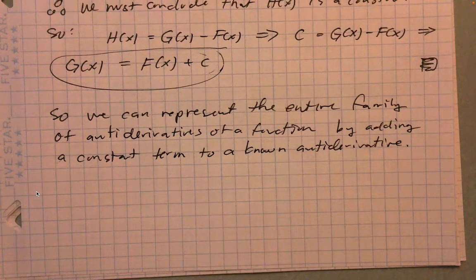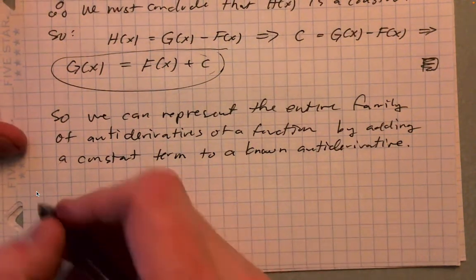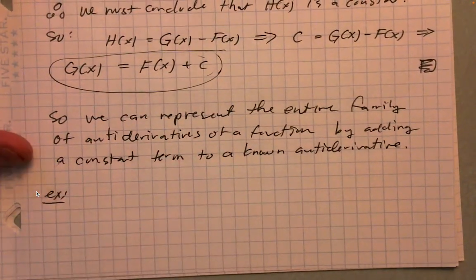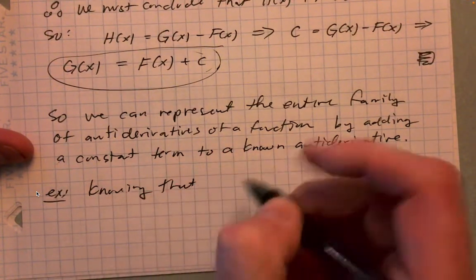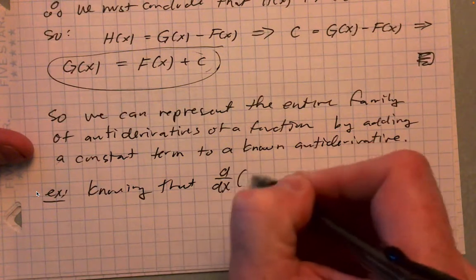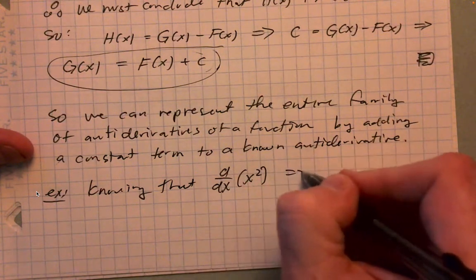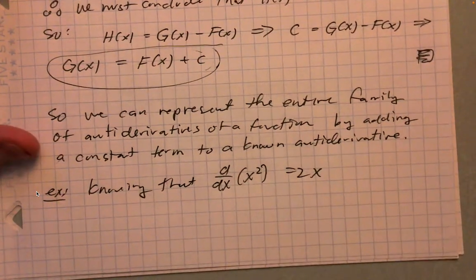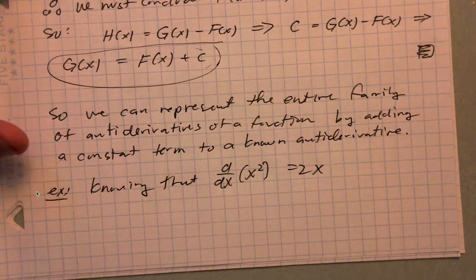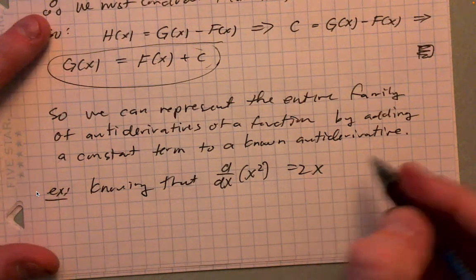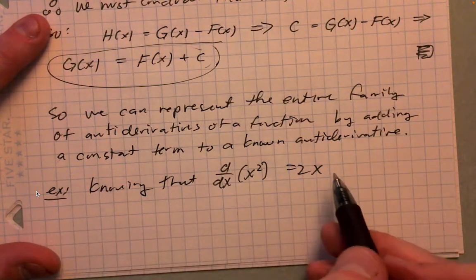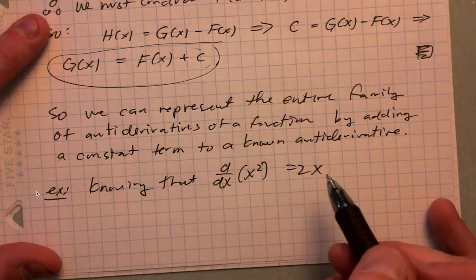Okay, so let's do an example here. Knowing that d dx of x squared is equal to 2x allows us to immediately know all of the antiderivatives of f of x equals 2x.